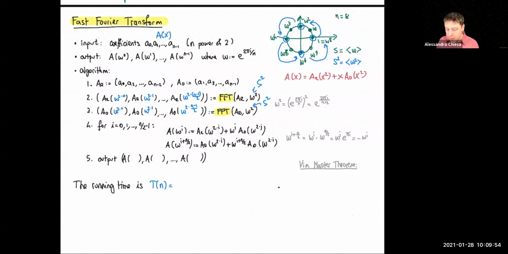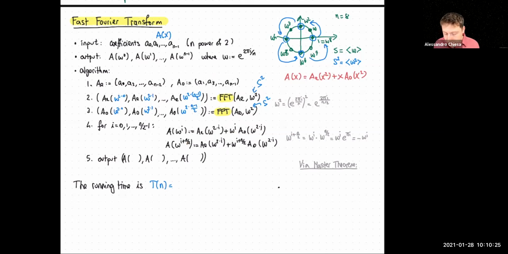So let's say I'm interested in the value of A at omega to the I. Well, I have to use the value of AE at omega to the 2i, plus omega to the I, that's fine, I can just plug in omega to the I myself, times AO at omega to the 2i. Now, where do these things come from? Well, they come straight from here.